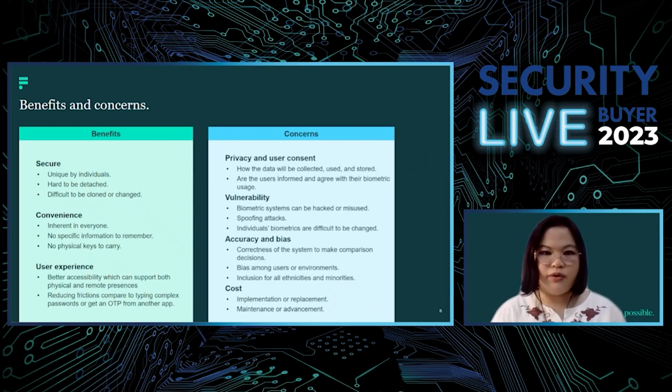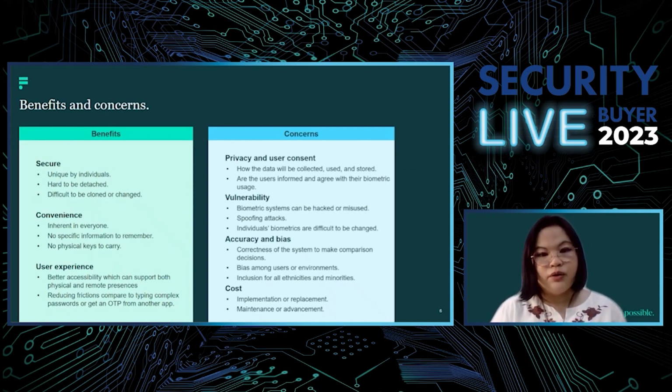And hence, it also introduced the importance of the accuracy of the solution and also the bias. How correct the biometric systems can make comparison decisions will be very critical if the biometric solution can be accepted by the users. And also if the solution is able to keep the bias under a controlled level, that leads to a better quality of the decision making.